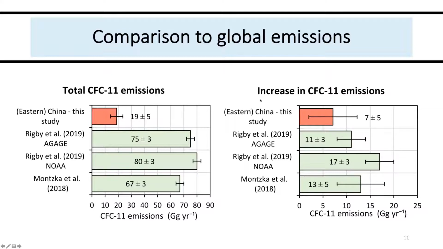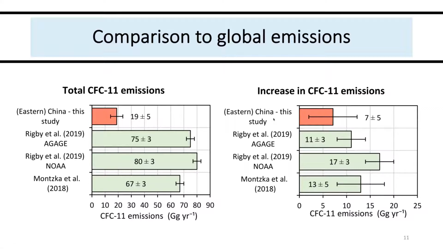We then also wanted to investigate how much of the recent increase in global CFC-11 emissions could be explained by an increase in emissions from Eastern China. So in this graph here, the 3 green bars are the estimated size of the global CFC-11 emissions, the estimated size of the increase in global CFC-11 emissions, and we're comparing this to the size of the increase in emissions from Eastern China that we calculated in this study.